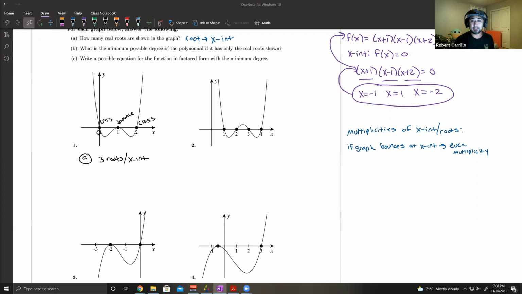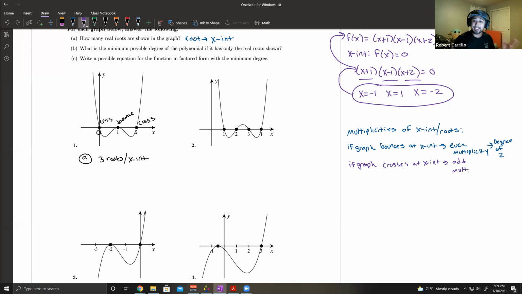Now, if the graph crosses at your x-intercept, you are considered to have odd multiplicity.